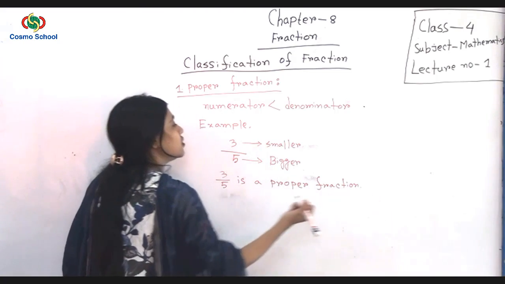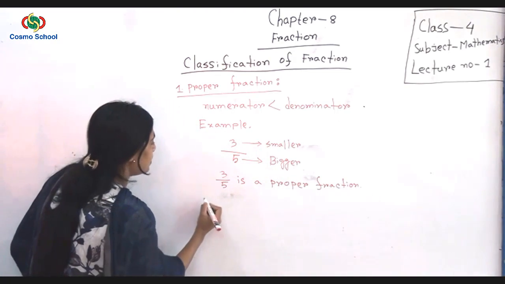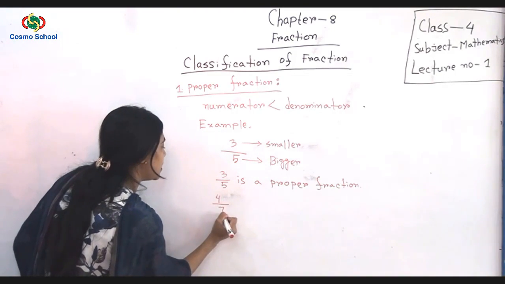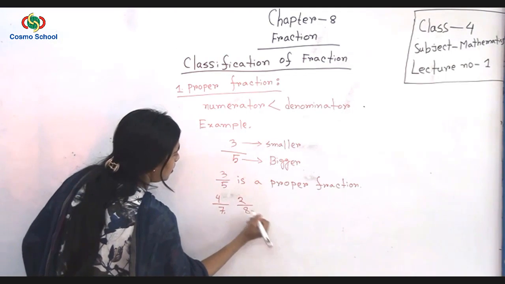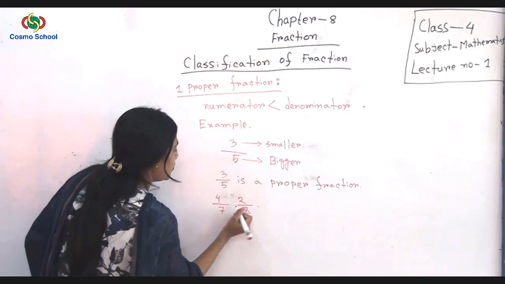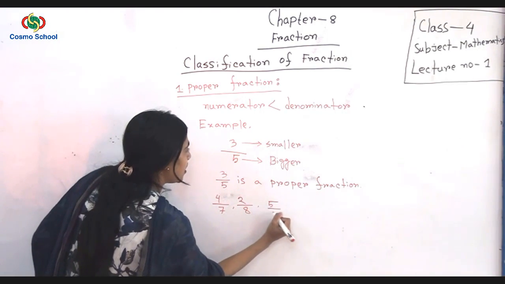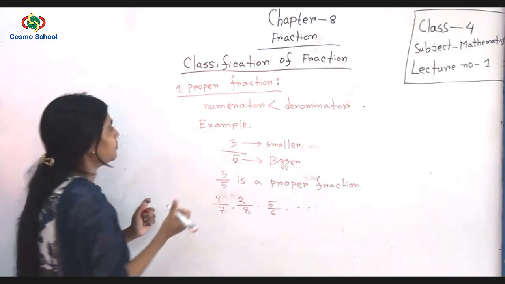I can give some more examples, such as 4 divided by 7, 2 divided by 8, 5 divided by 6, etc.